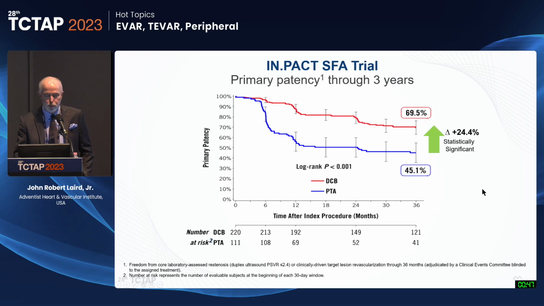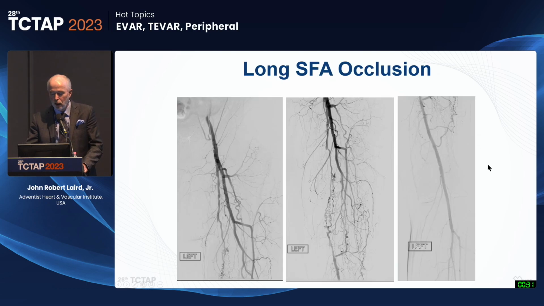I was one of the co-principal investigators for the IMPACT SFA drug-coated balloon trial, where we saw at 3 years by duplex ultrasound dramatically better results with the IMPACT Admiral drug-coated balloon compared to standard balloon angioplasty. We learned better angioplasty techniques because of drug-coated balloons, using long balloon inflations, appropriately sized balloons, avoiding geographic miss.